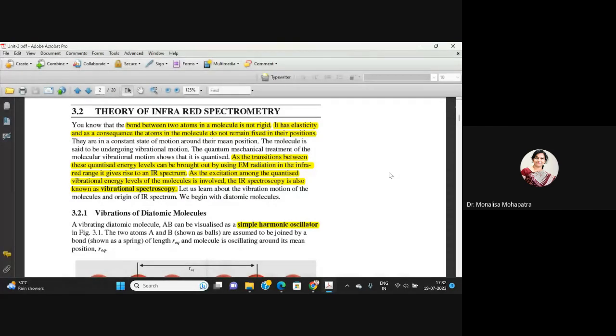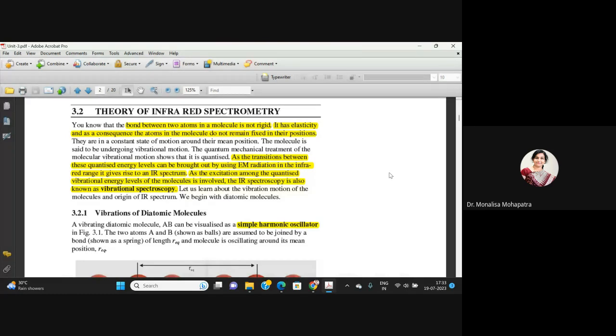When infrared radiation falls on matter, the vibrational aspect of the molecule comes into play, and that we can study through infrared spectroscopy.